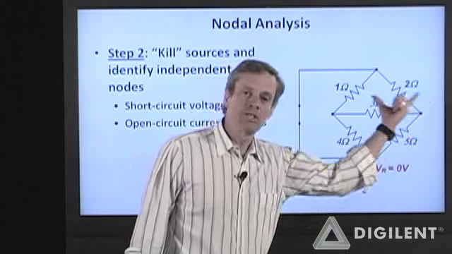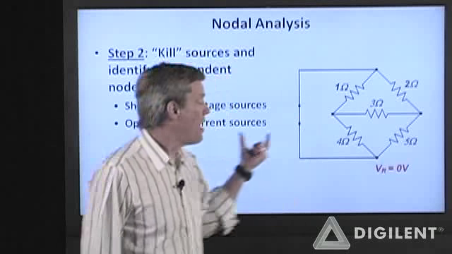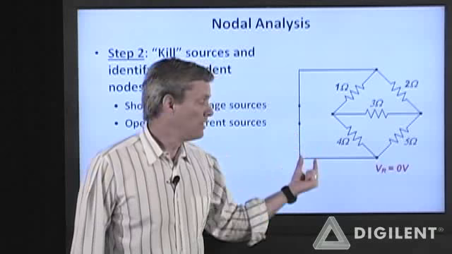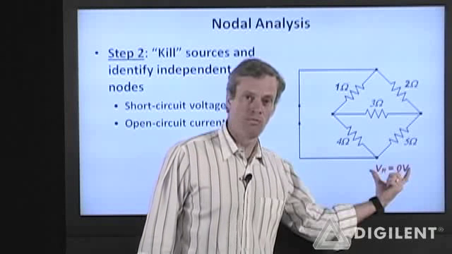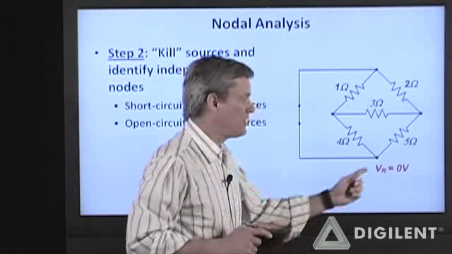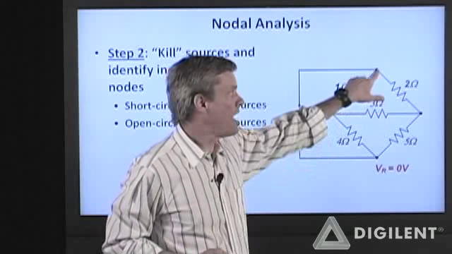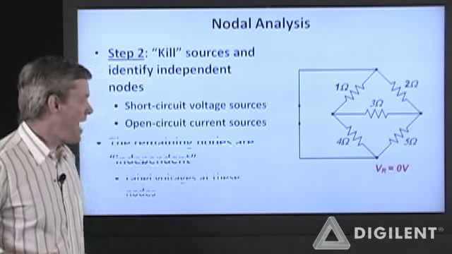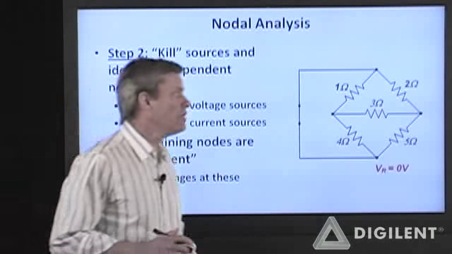So this is our previous circuit. It had a single voltage source, a 5-volt source right here. I've killed that source by replacing it with a short circuit. Our old reference voltage node was down here. It's 0 volts. Now, this node up here is not a different node than the one down here. This is not an independent node. So after we've done that, we can identify our actual independent nodes.